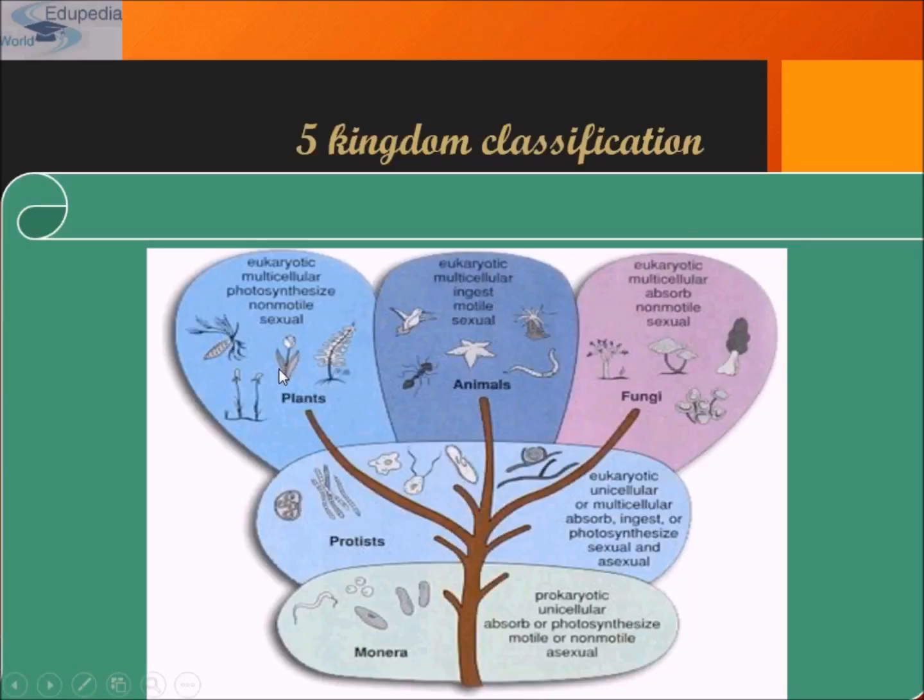First is Plantae. Plantae are eukaryotic and multicellular, and they have the capability to synthesize their own food by the process of photosynthesis. They are non-motile and reproduction is seen. Now come to the Animalia. They are eukaryotic and multicellular, of course, they can ingest, and they are motile, that means they can move from one place to another.